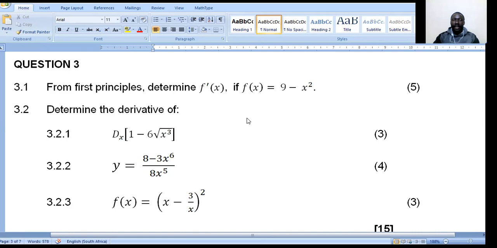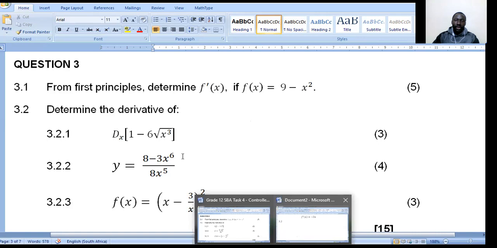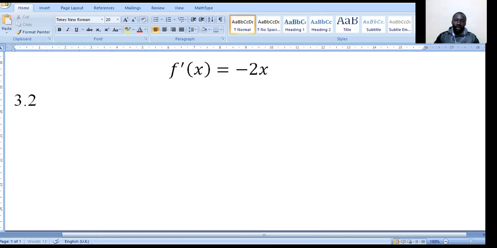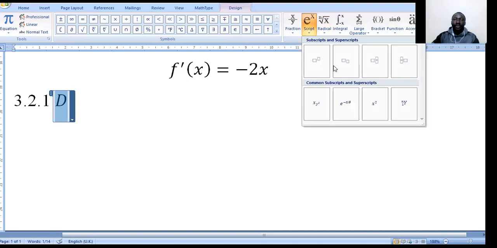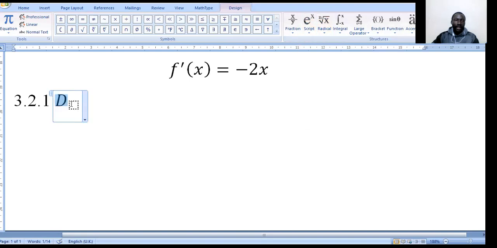So for this, what we are going to do is we will use the other formula. So for question 3.2.1, we have to find the value of dx, that is the derivative of the function with respect to x.